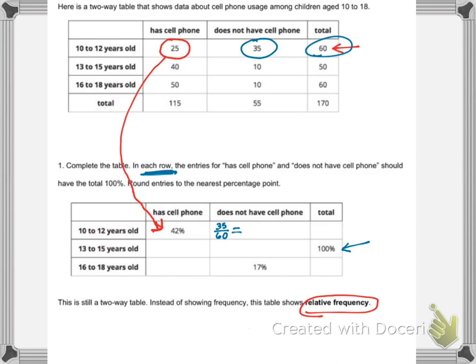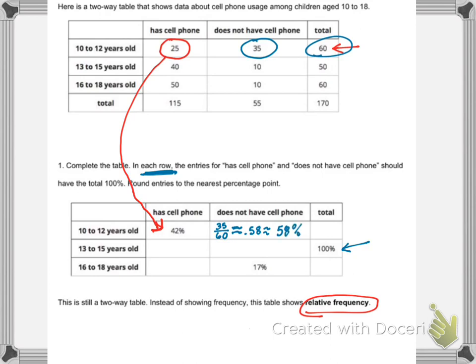So you divide top divided by bottom, and you're going to get about 0.58. The next digit is a 3, so we'll just round that down and cut it off there. And so that is about 58%.